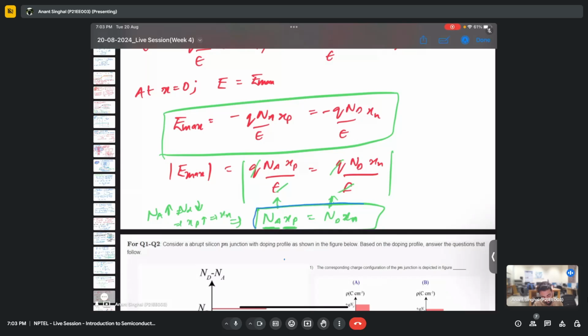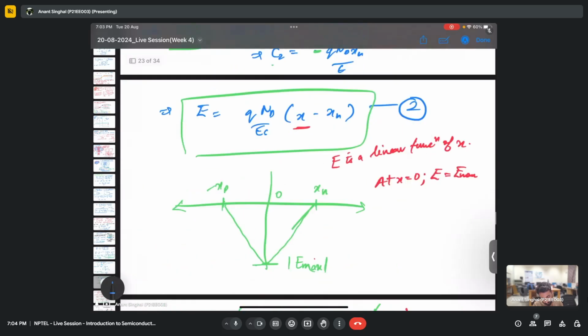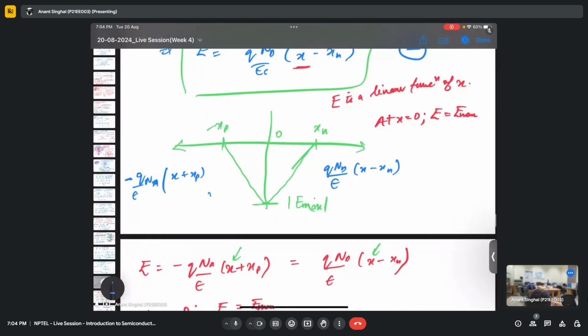Do you mean the graph I plotted previously? Okay, fine. So we have an equation for the n side, which is Q Nd by epsilon times (x plus xp), something like that, and for this it will be Na, times (x minus xn). What I plotted: we know that the electric field is a linear function of x, y equals mx plus c.